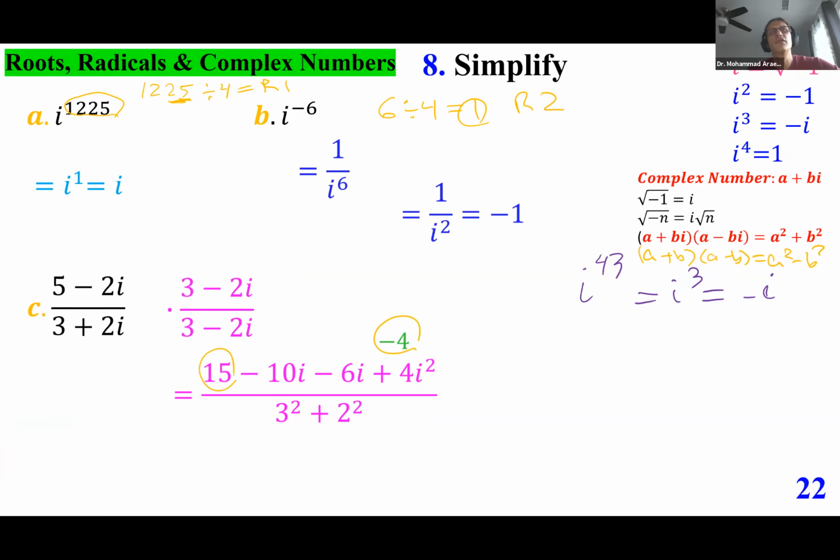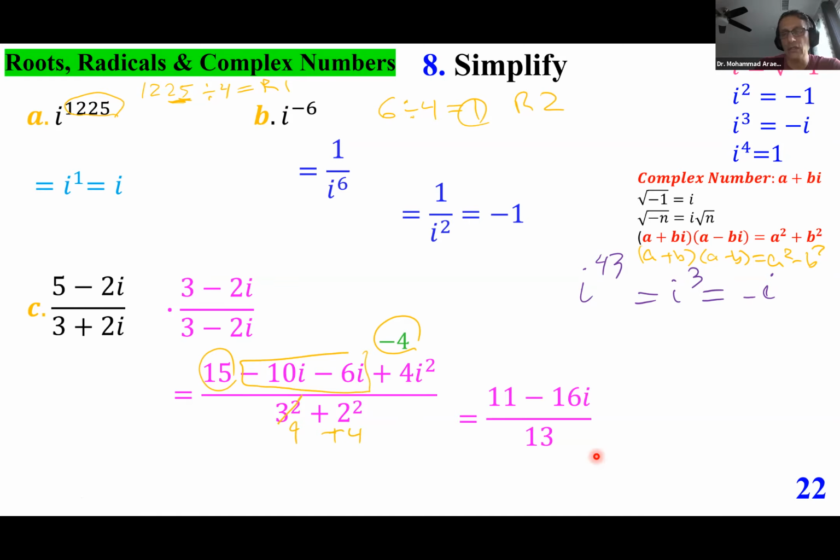15 and negative 4 give us negative 11. They add up to negative 16i. 9 and 4, they add up to 13. Now, if you left it as that, it's not that big of a deal. But if somebody asks you what is a, what is b, you should be able to answer.